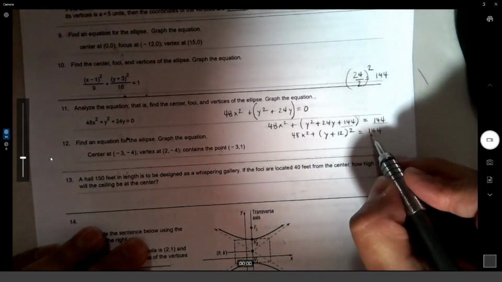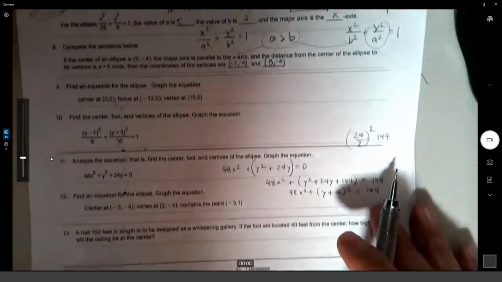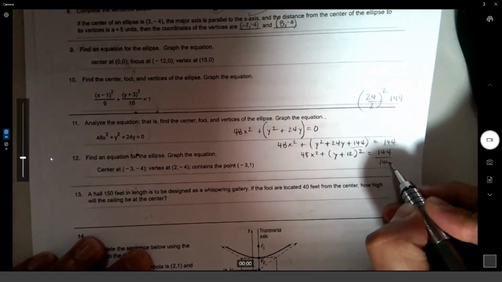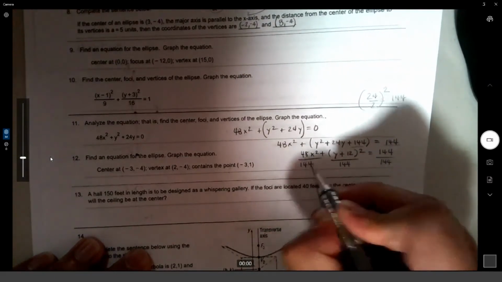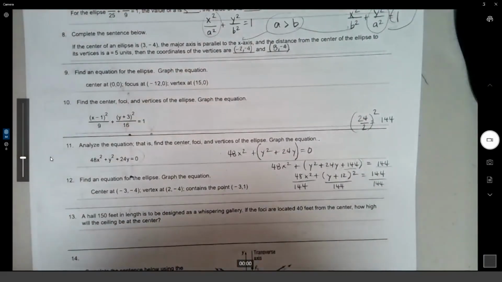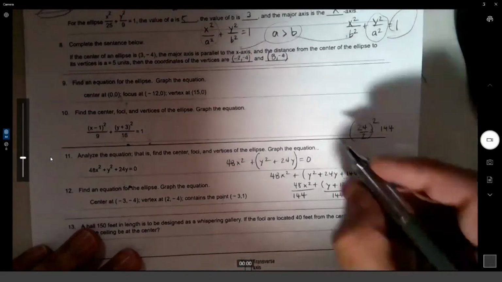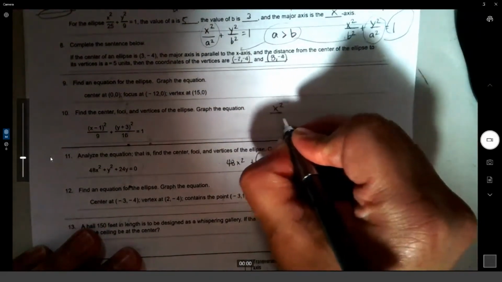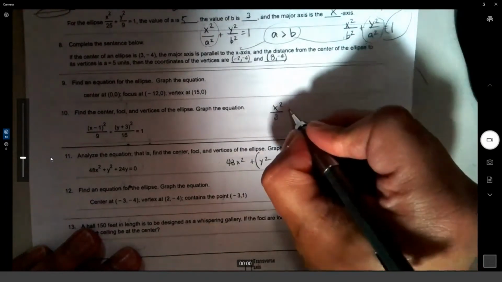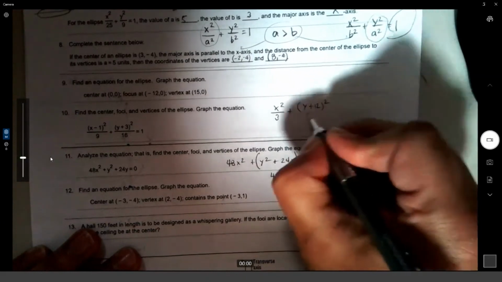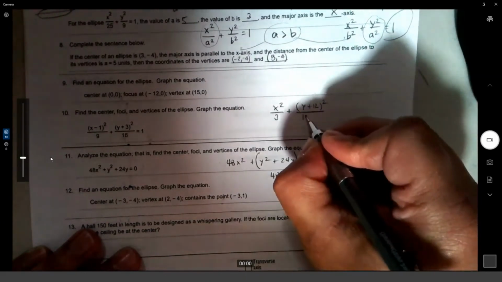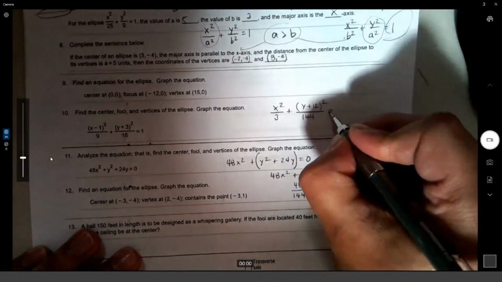We now divide by 144 because all of these equations have to be equal to 1. So we'll divide by 144, and we'll get x squared over 3 plus the quantity y plus 12 squared over 144 is equal to 1.